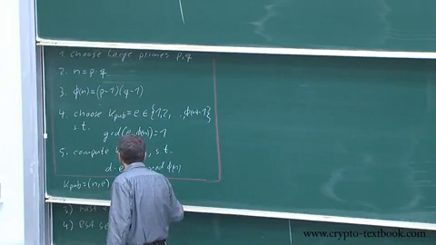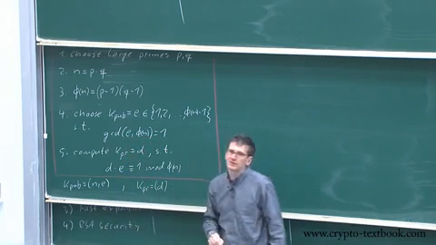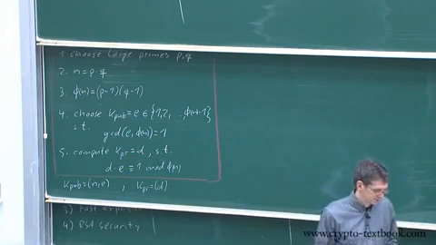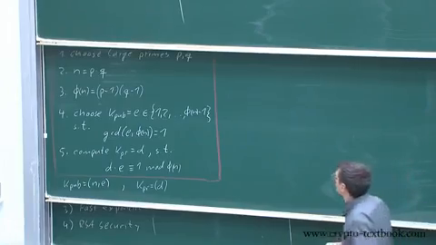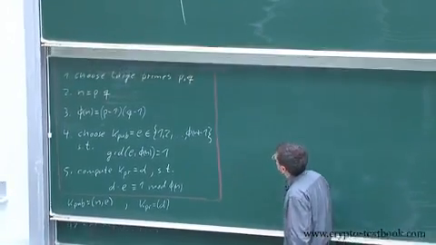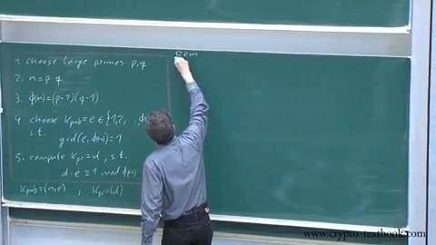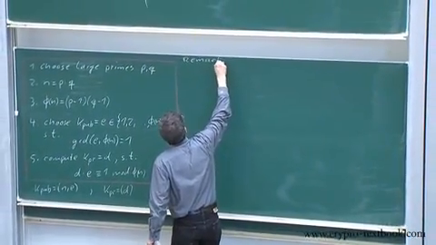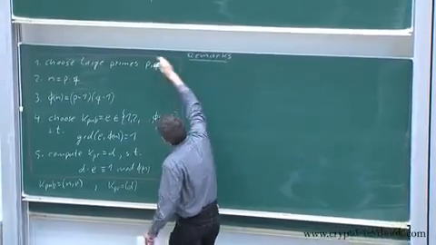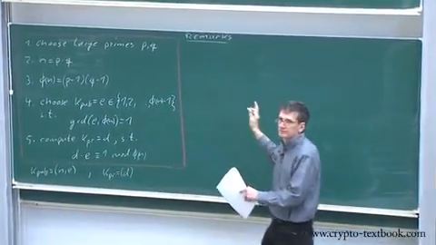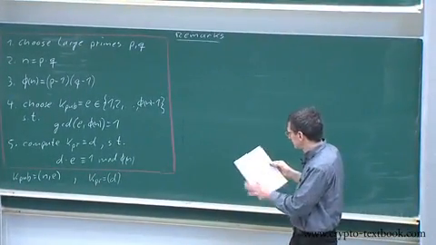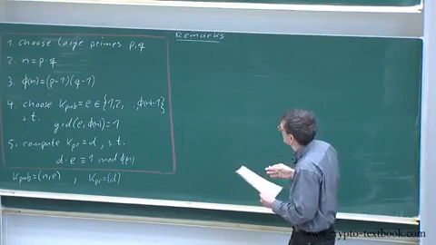What you also get out is 1 parameter for the private key, which is this value D. Okay, so I just want to put a few remarks down here right next to the box. If you have space in your notebook, write it on the right hand side.